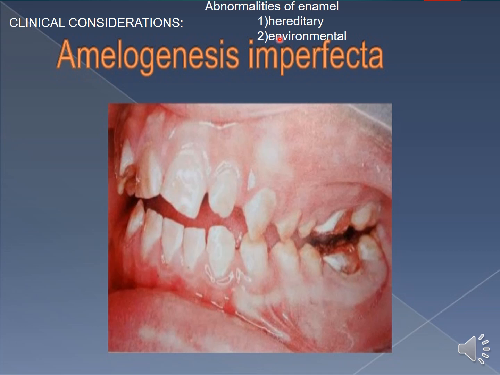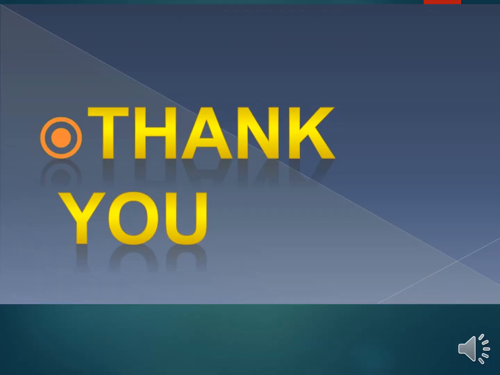This is basically a hereditary form which has various types, hypomaturative type and hypoplastic type. In the environmental form, if there is any damage to the deciduous tooth bud, it can in turn damage the permanent tooth bud. All this results in hypoplasia. Thank you.